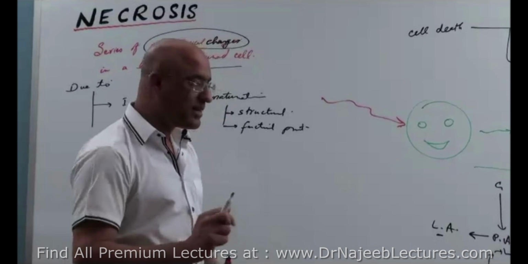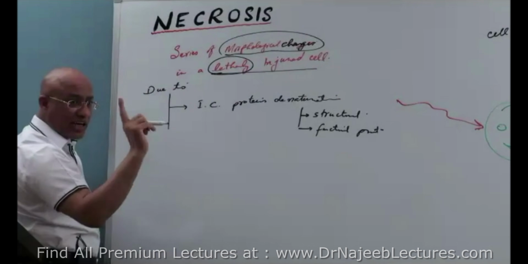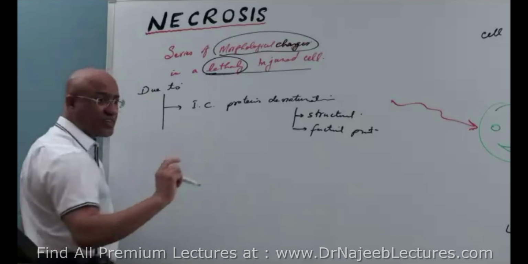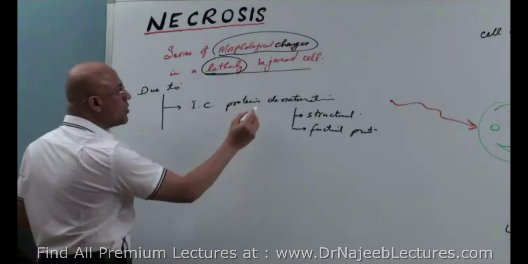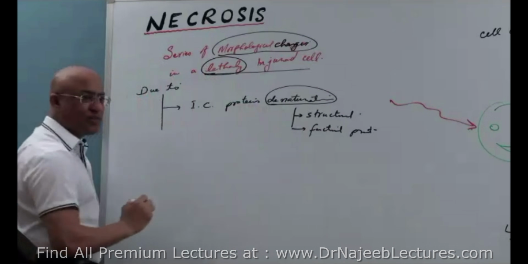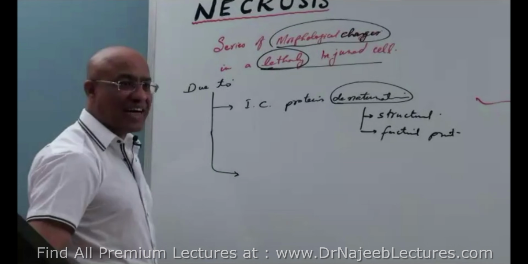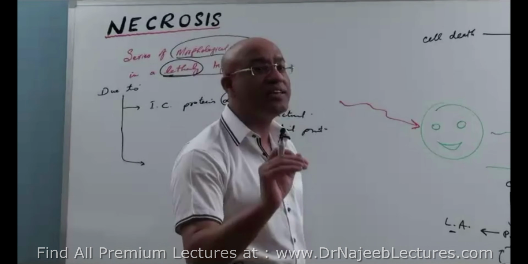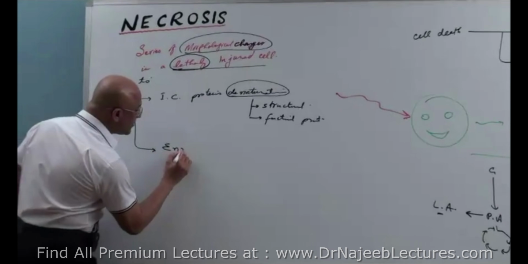So the first thing was lethal injury, irreversible, severe injury to the cell, leading to certain morphological changes. Why are these morphological changes occurring? Number one, due to protein denaturation. And secondly, there is enzymatic digestion of such severely injured cells.